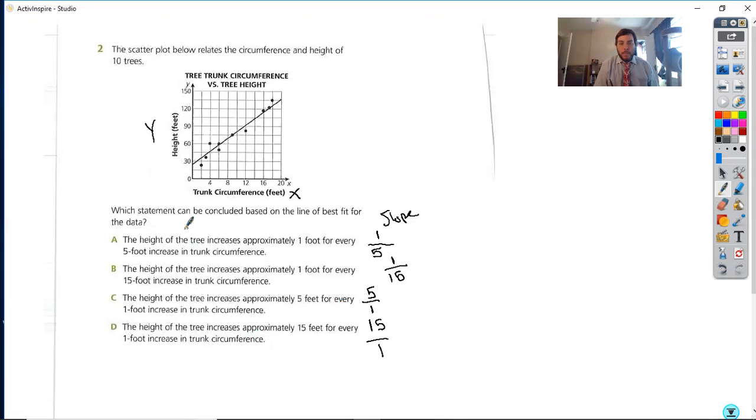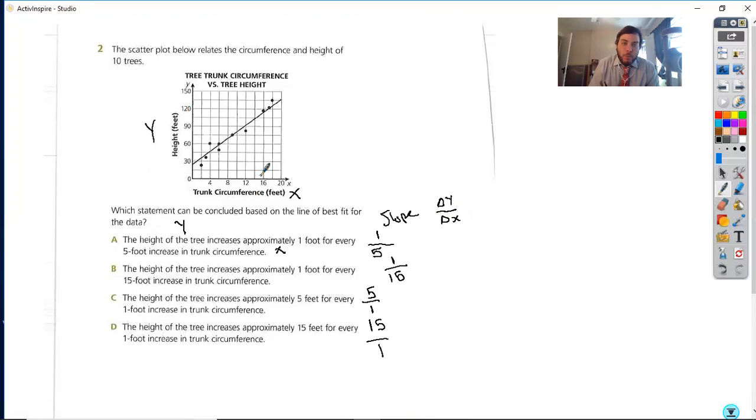So again, got that by saying the height of the trees is our y, trunk circumference is the x. The slope is always the change, which we use a delta symbol for, change in y over the change in x. So what we want to do is find the slope of this line.